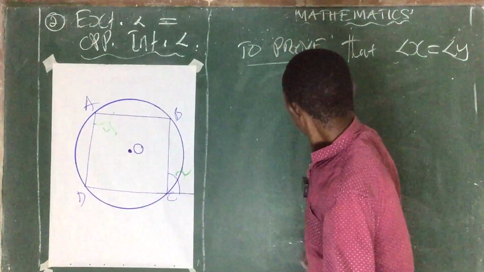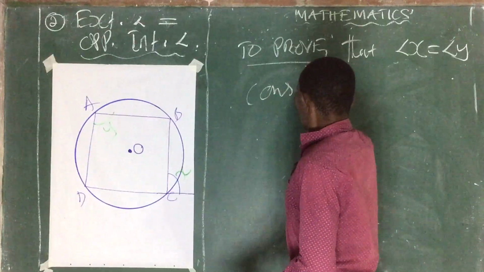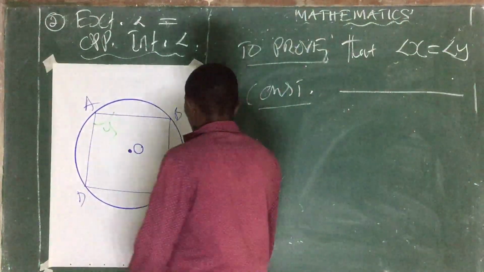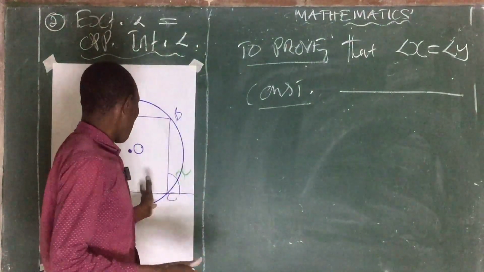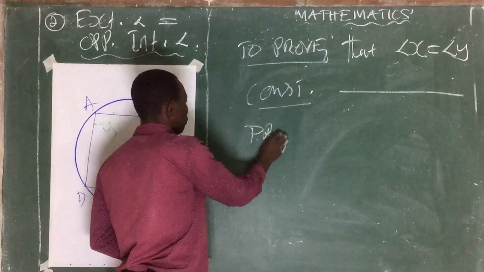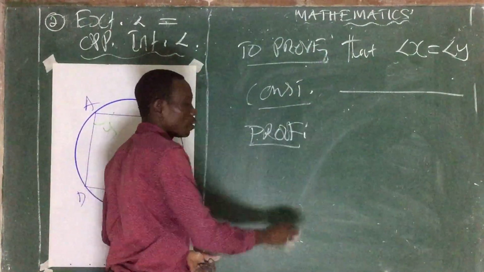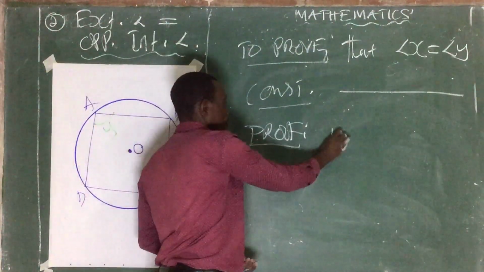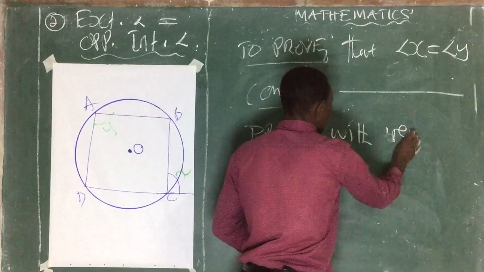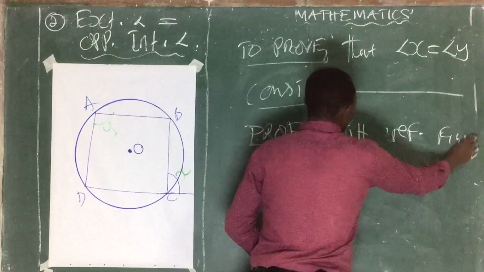Construction here: none. No need for construction. If you don't have anything to write, the information is enough, then go straight to what? Proof. So you always write with reference to the figure.